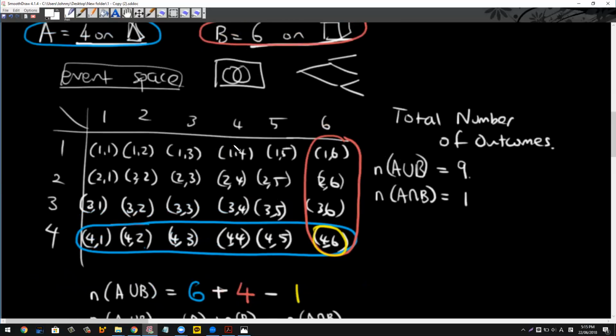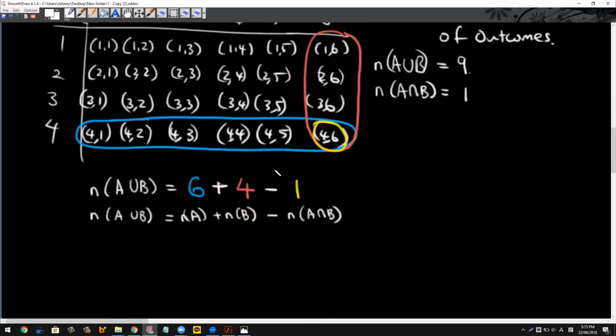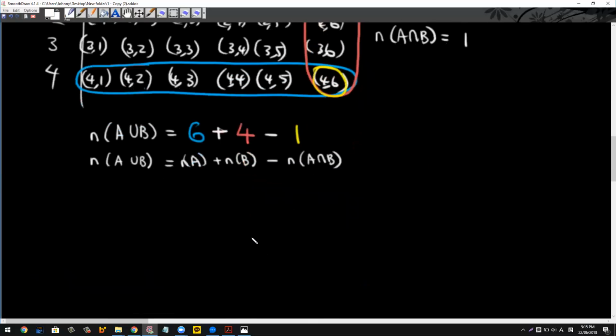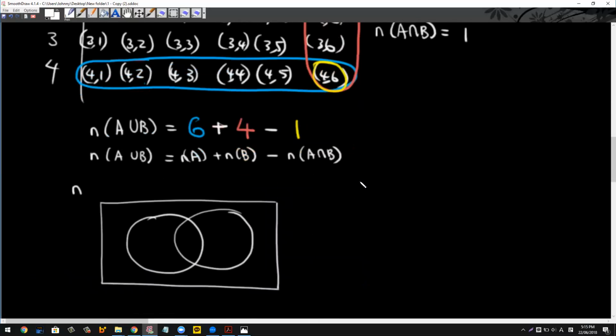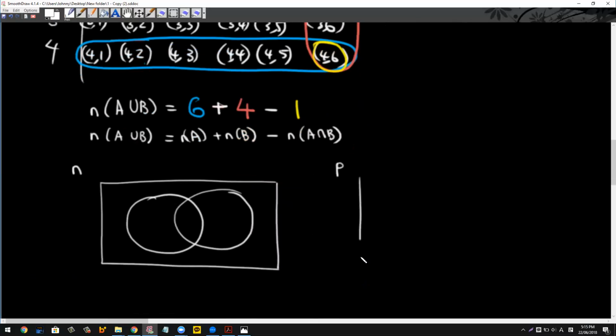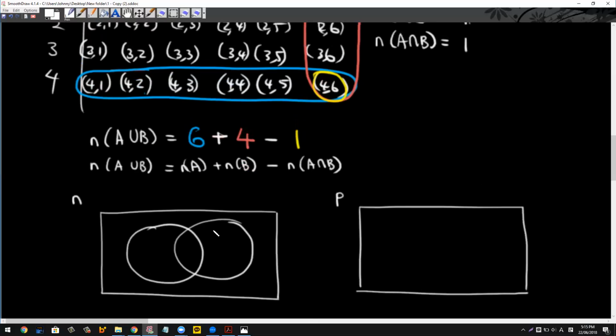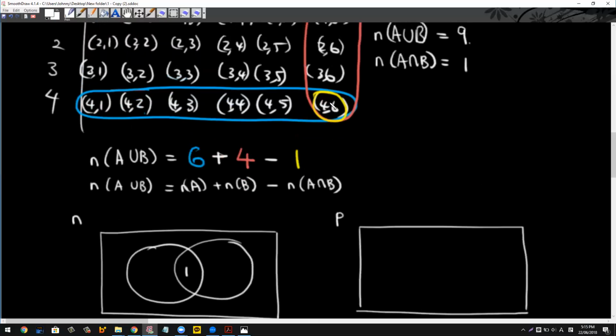We didn't look at it in this way. So let's have a look at a Venn diagram. This is the number Venn diagram, and this is the probability Venn diagram. If you look at the whole event space, just one outcome goes in the middle.